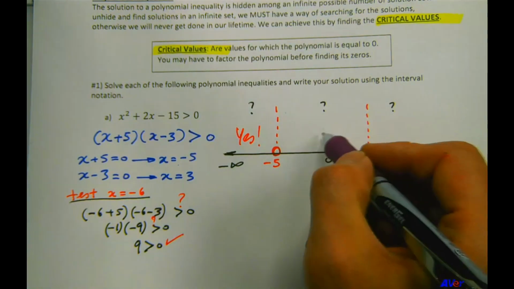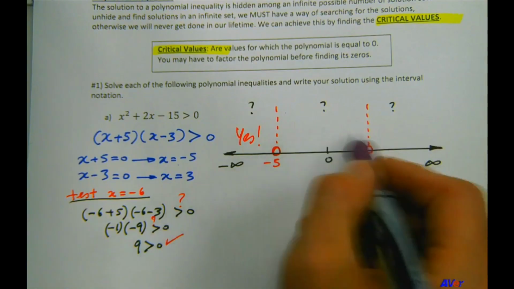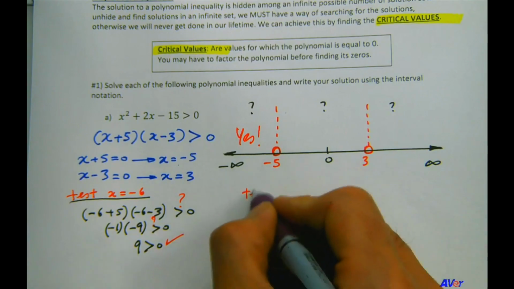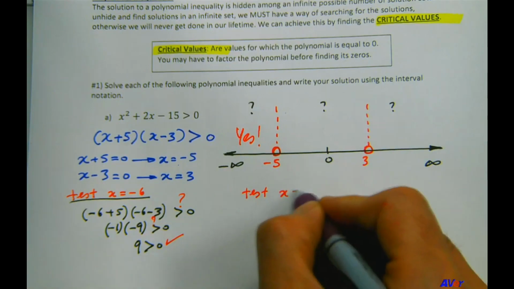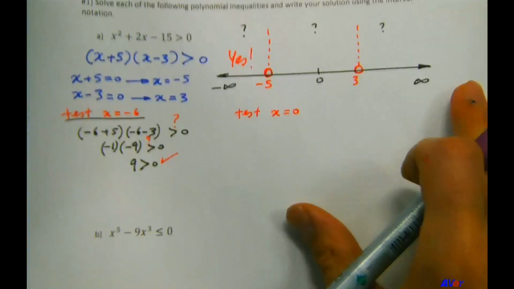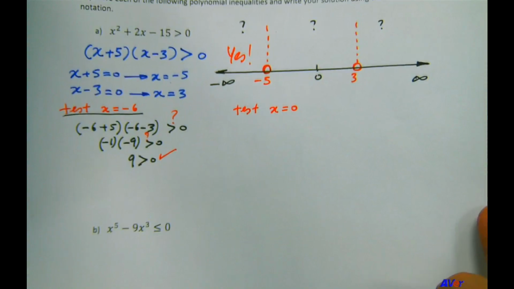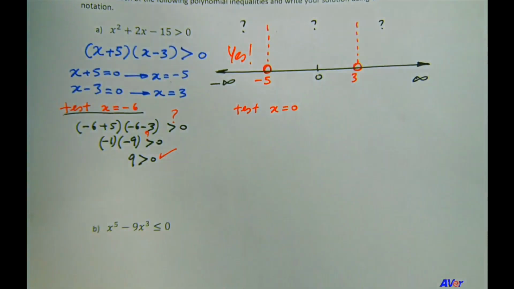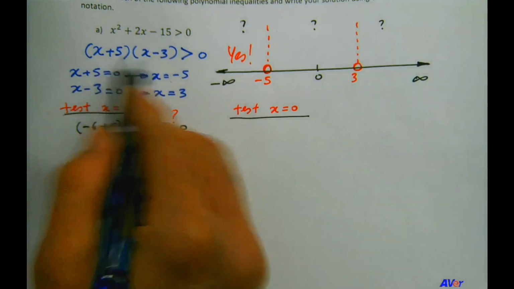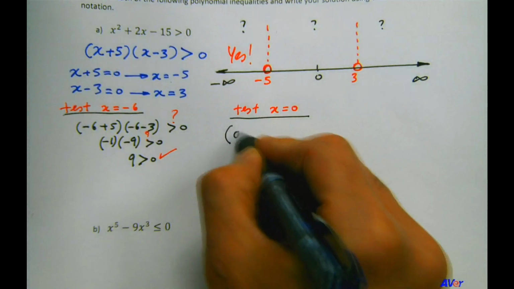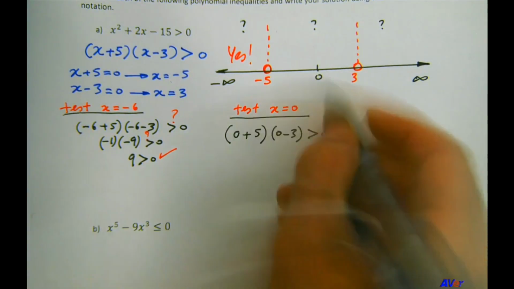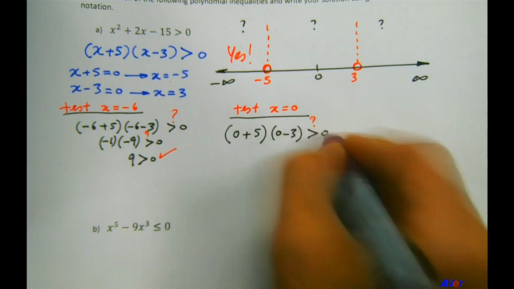So let's test an easy number in this middle region. Well, the easiest number is 0, so let's see. Test x equals 0. Once again, I'm going to plug into this one. So 0 plus 5 times 0 minus 3. We're asking if the left is greater than 0.